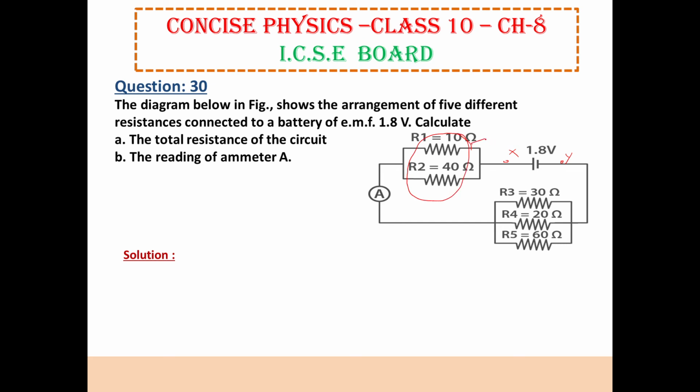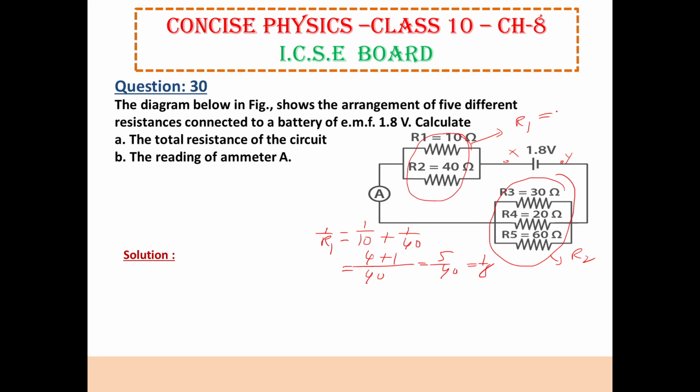So if the equivalent resistance of this is R1 and the equivalent resistance of these three is R2, then 1 by R1 would be equal to 1 by 10 plus 1 by 40. On simplification we are getting 4 plus 1, it is 5 by 40, it is 1 by 8.